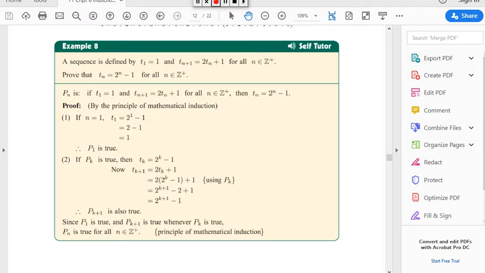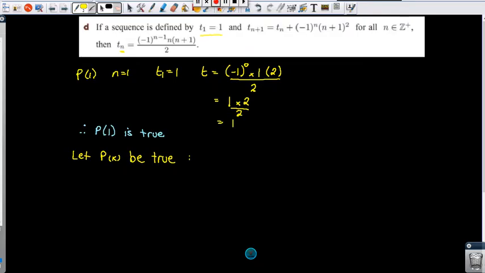You don't have to have the exact same words, but the general gist of it. So, let P(k) be true. So we're saying that T(k) equals minus 1 to the n take 1. Oh, I always do that. So I put the k there. k take 1, k plus 1 over 2.